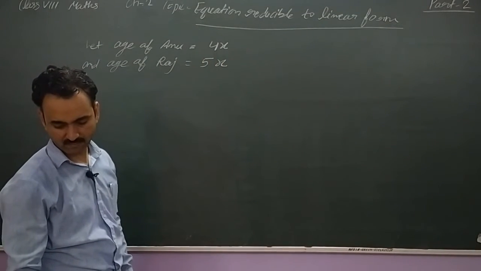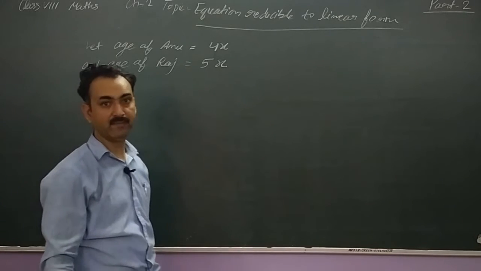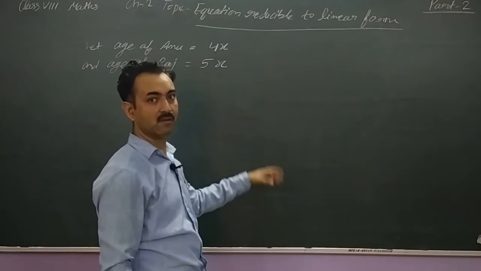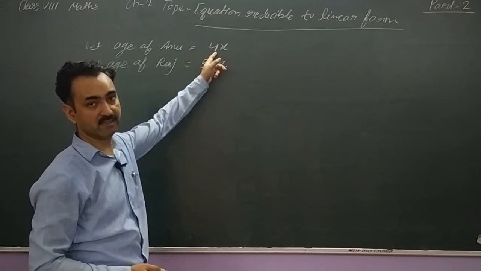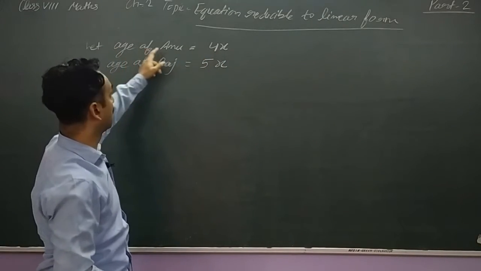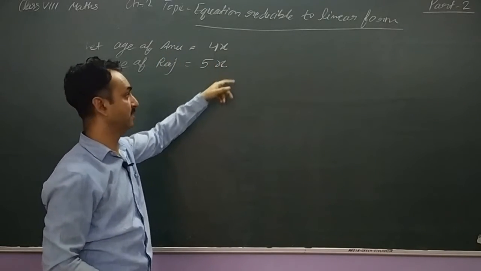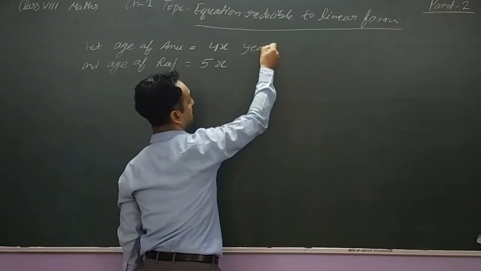So 4x and 5x respectively, in the sequence which is given in 4:5. So we have to take the first name given, Anu, so Anu will be 4x years. You can write years here.